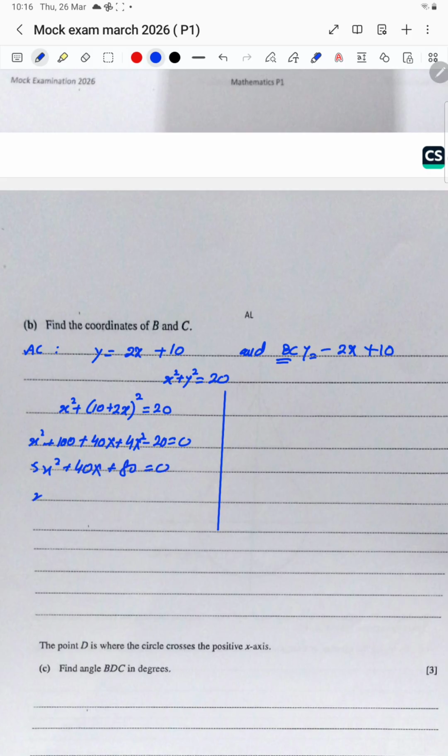So divided by 5, I get x square plus 8x plus 16 equal to 0. 4 4s are 16, so I can write x plus 4 whole square is equal to 0, by making factors, so x plus 4 is equal to 0, x is equal to minus 4.